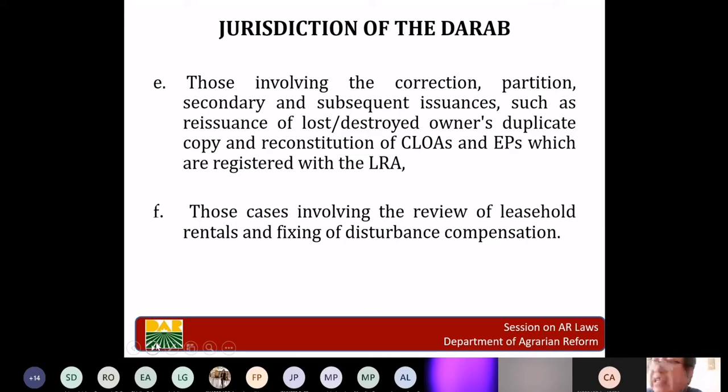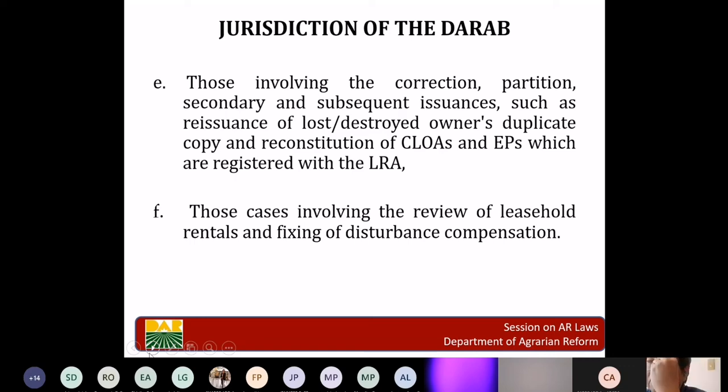So is the issuance of second owner's copy a case involving just compensation? Definitely not. Is the issuance of second owner's copy a penal provision under Section 73 and 74 of RA 6657? Of course not. So if not falling within the jurisdiction of the SAC under Section 57 of RA 6657, then courts have no jurisdiction on the issuance of second owner's copy. Kaya lang ang ginagamit ng LRA is PD 1529, the Land Registration Act.